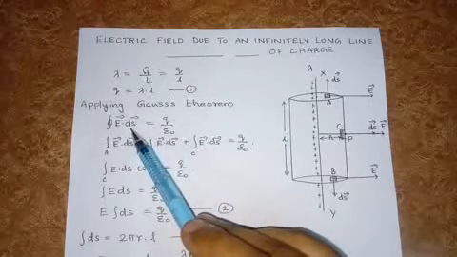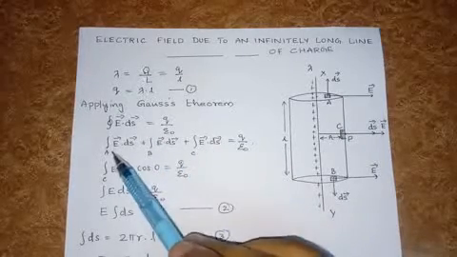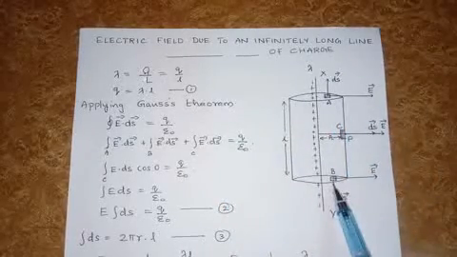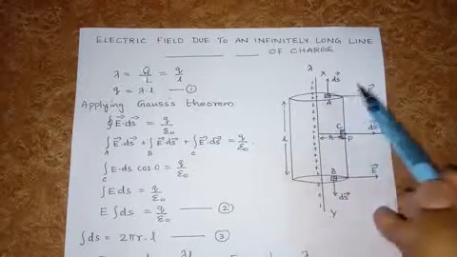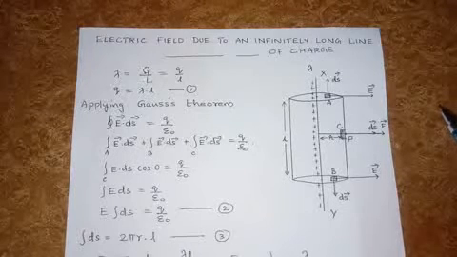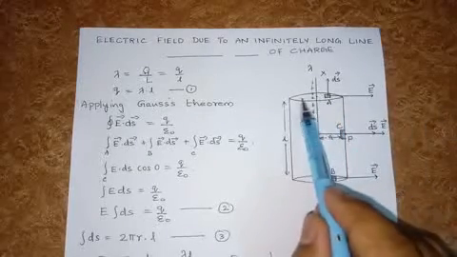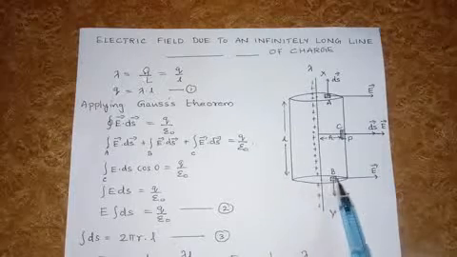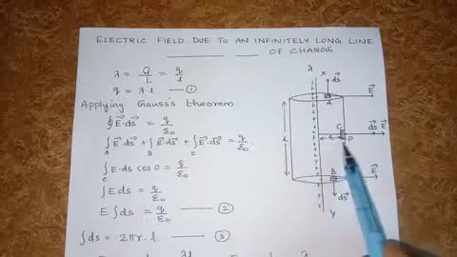Now look at surface A and surface B. E and ds are perpendicular to each other. When E and ds are perpendicular, the flux phi will be integral E ds cos 90, that will be 0. So there is no flux contribution due to end surfaces A and B. Only the curved surface C contributes.